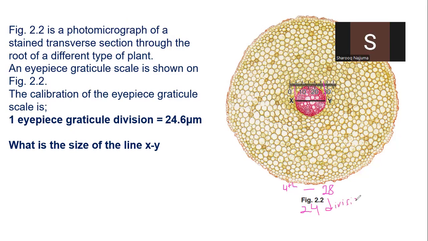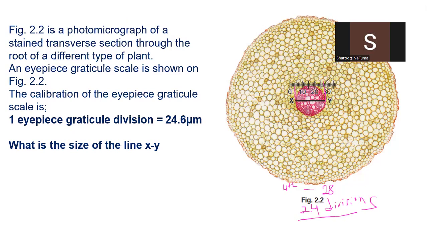If you want, you can count the divisions individually. You count them 1, 2, 3, 4, 5, 6, 7, 8, 9, 10, 11. But the easiest thing that I usually advise is just find the first division that the line, or whatever they are telling you to measure, is well aligned with. Like in this case, we saw it was the 4th.